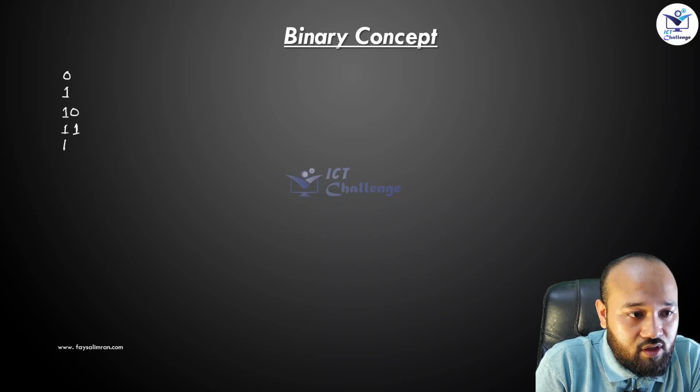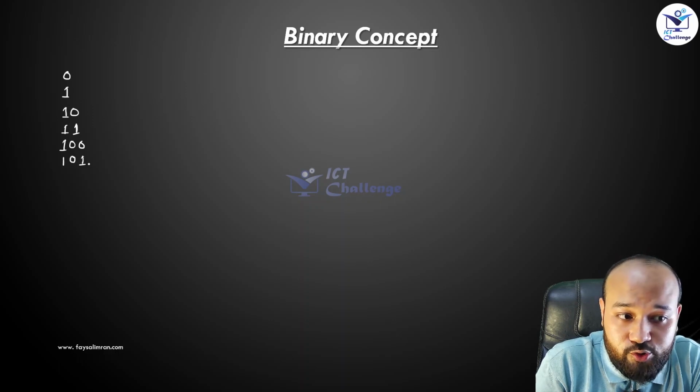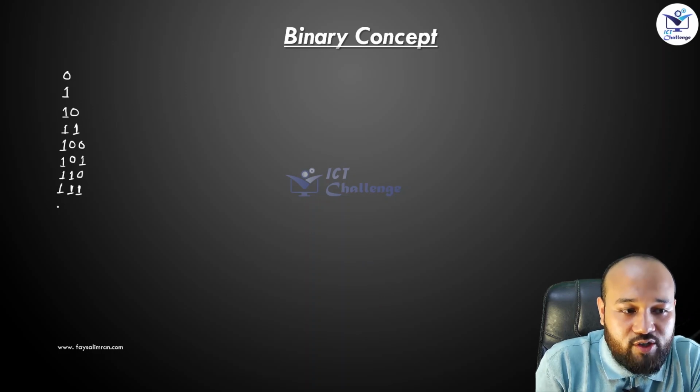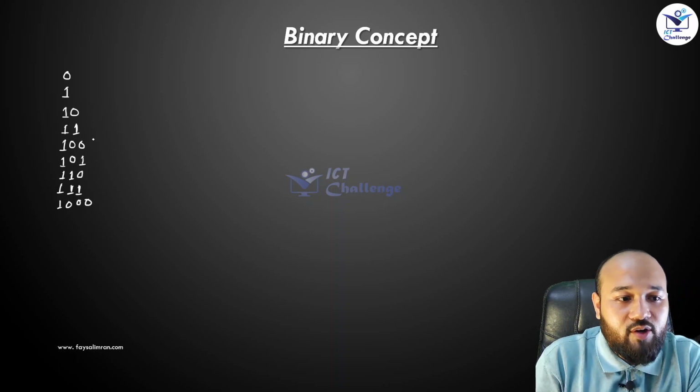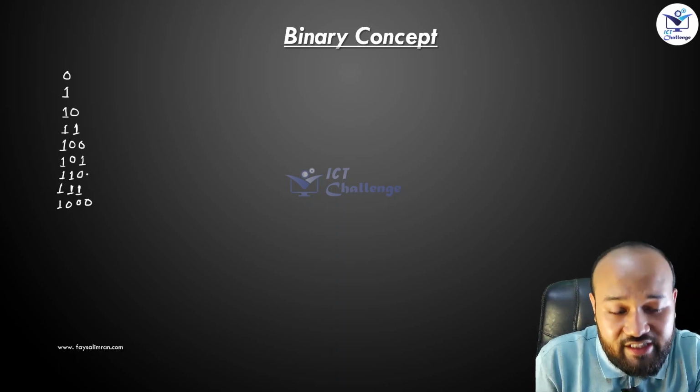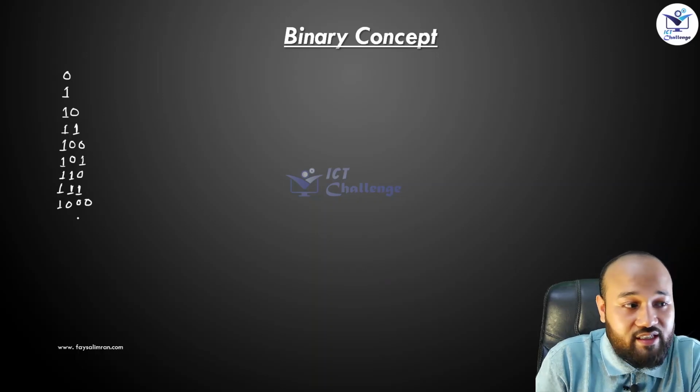100. Yes, we will get 100. And after that, 101 should be the next digit, right? Okay, then 110, very good, and after that we will get 111, right? Okay, so what will be the next digit? It will be 1000. We don't have any digit except 0 and 1, so we can write in this way.